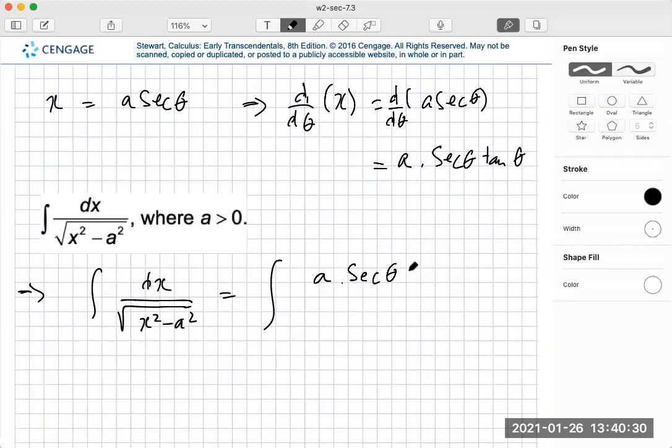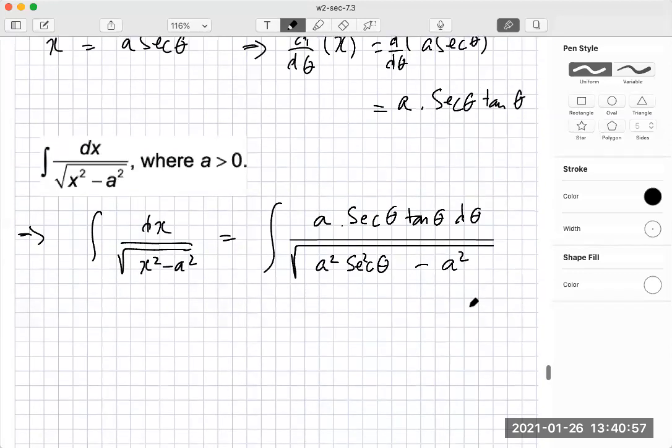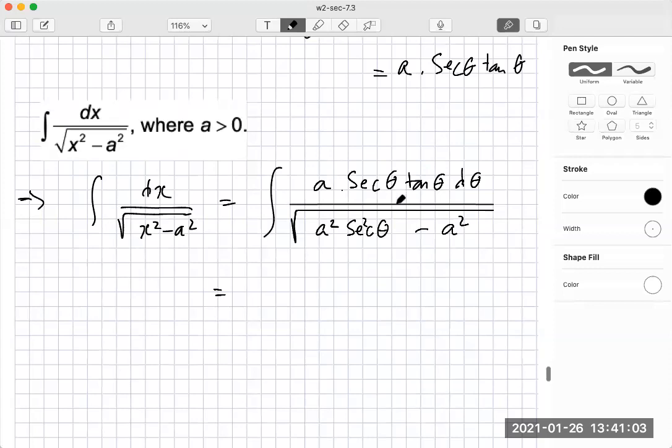And the denominator becomes the square root of a squared secant squared theta minus a squared, right? Very good. So then we do it like a machine, right? Just apply this formula. Okay, the numerator is okay, and the denominator, what should we do with this? Yeah, we factor a squared out.